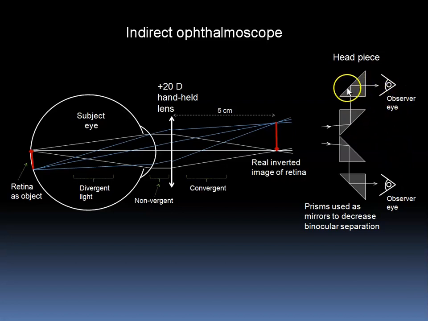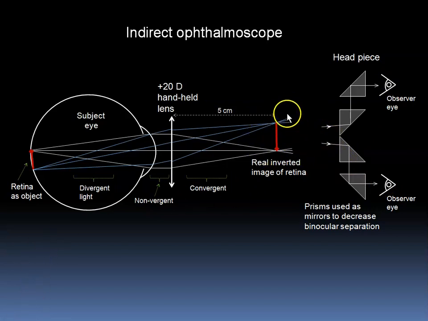By using prisms with total internal reflection adjusted in such a manner as shown, effectively one can reduce the distance between the two pupils to 1/4, which would be 15 millimeters apart. Rays that are coming in, which are separated by 15 millimeters, end up entering the observer's eyes, which are now 60 millimeters apart.